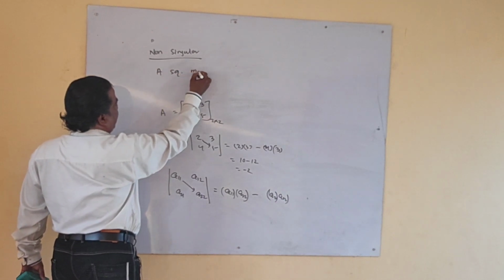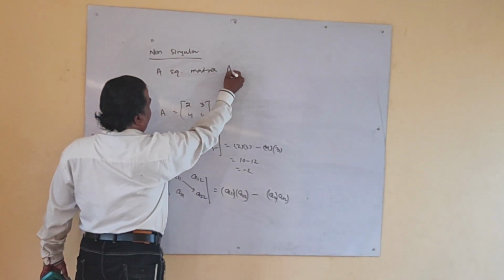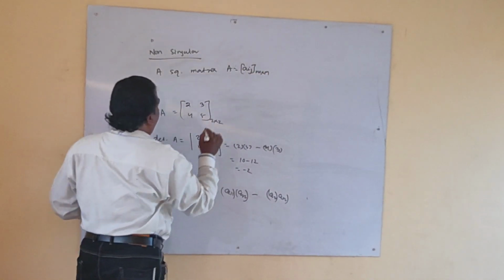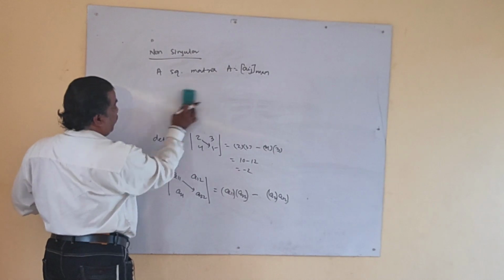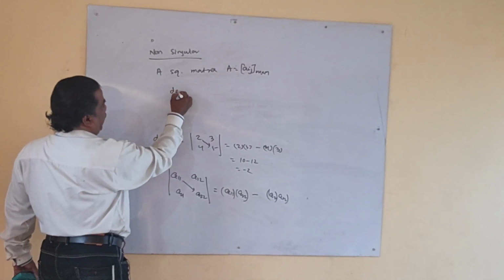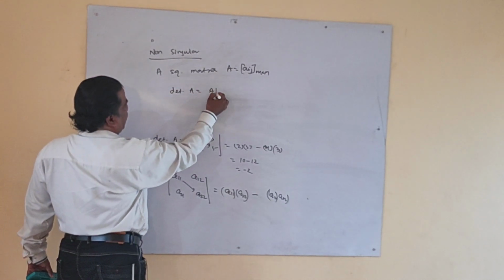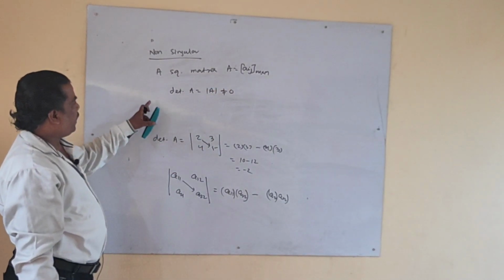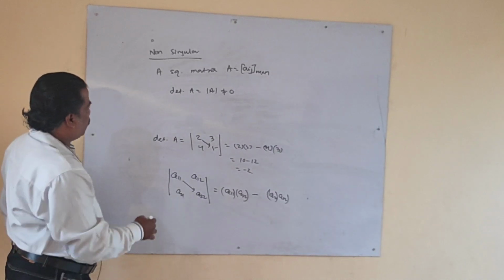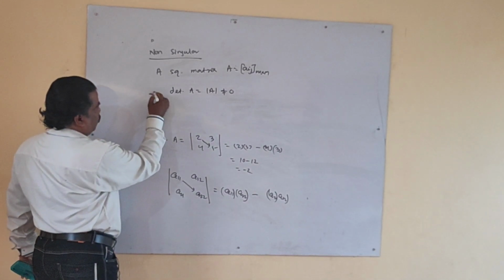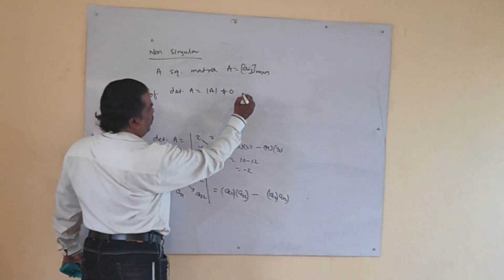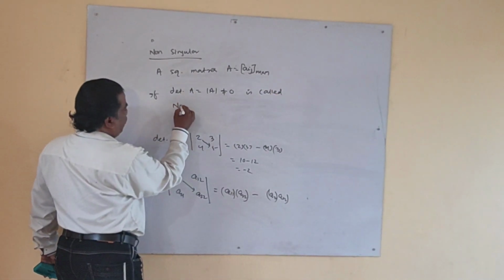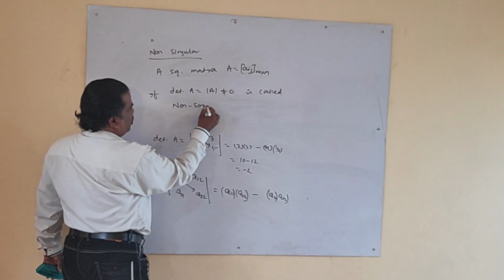A square matrix A, Aij, M cross N, is called a non-singular matrix if determinant A is not equal to 0. A square matrix with determinant A not equal to 0 is called a non-singular matrix.